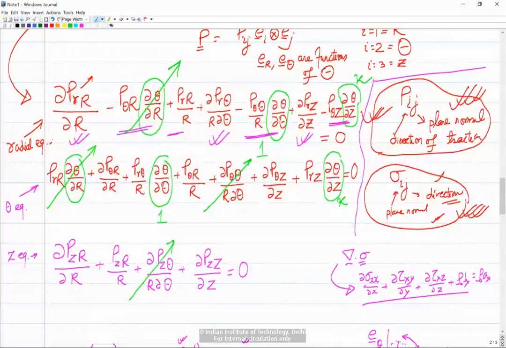Anywhere else? Yeah, here. Similarly, all the stress components with respect to big Z will be 0. So this one goes away, then this one also goes away, then this one also goes away. So you can see that the equations are getting quite simple. This would not have happened if you had used the Cartesian coordinate system.